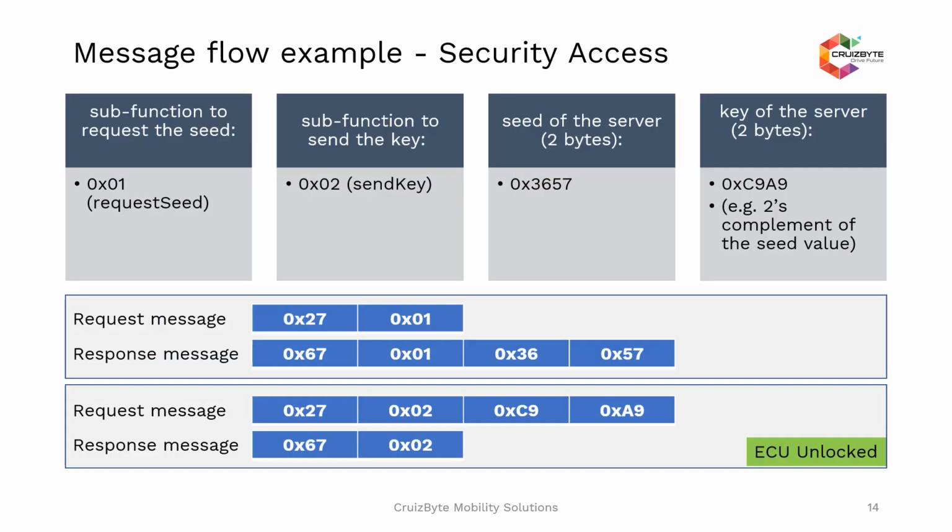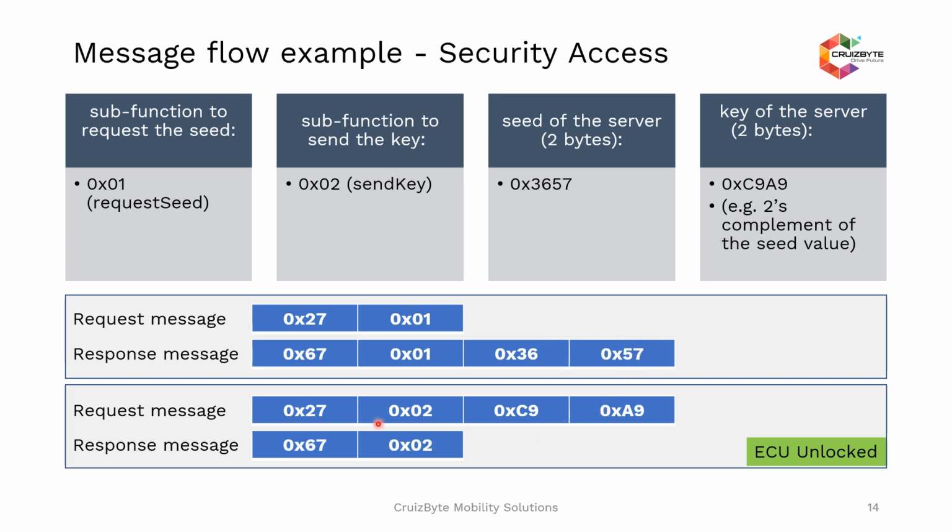The next step is an example of how security access is done for a given request. For example, the request message is 2701, and the positive response message is 6701, and the seed from the ECU is 36 57. This is the first request and first positive response message for security access.